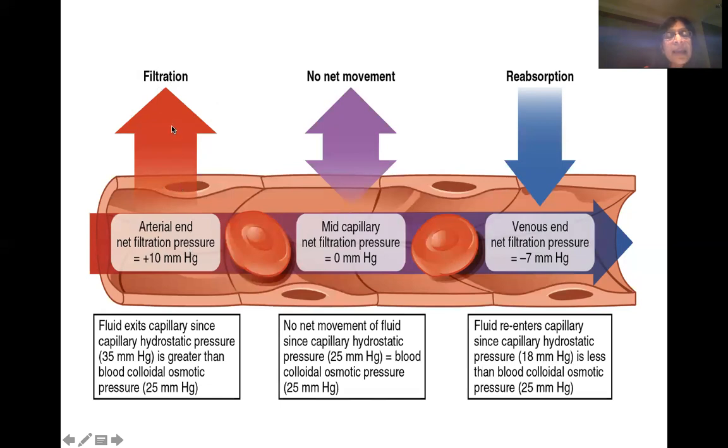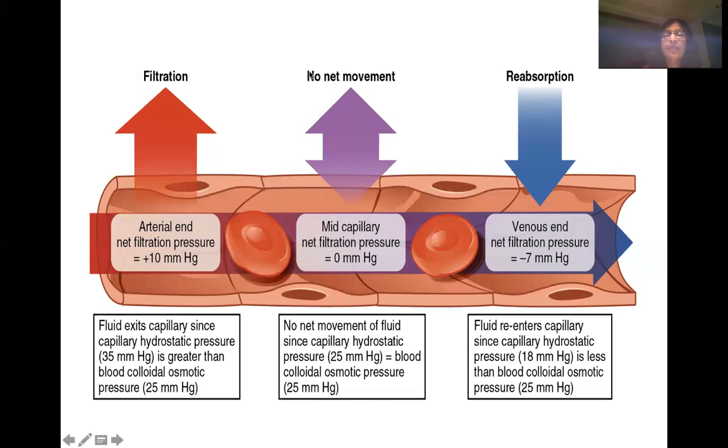Fluid leaving the capillary to the interstitial space is filtration. When the net filtration pressure is 0, no net movement. There's no movement of fluid either way. Then when the pressure is negative within the capillary, fluid from the interstitial space moves into the capillary.